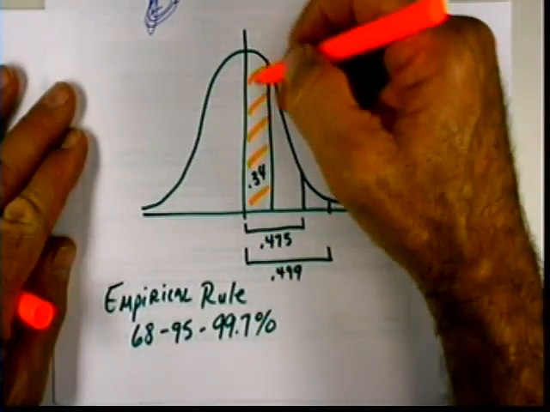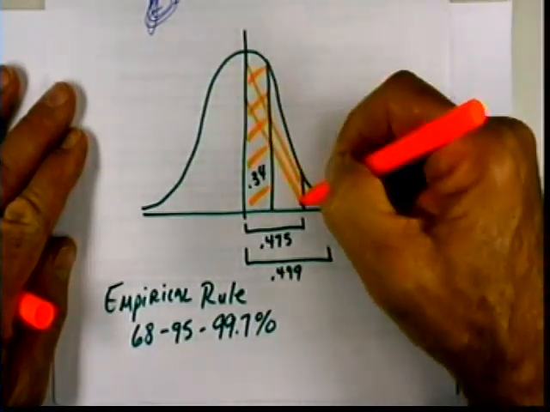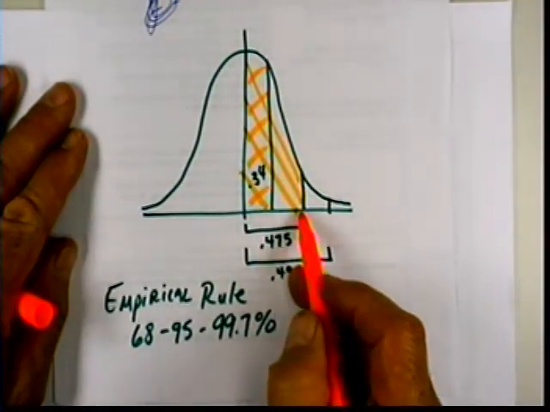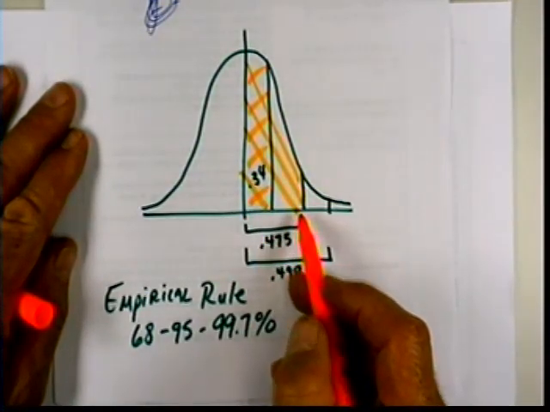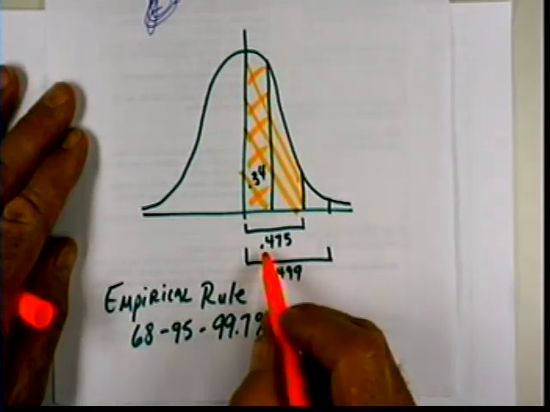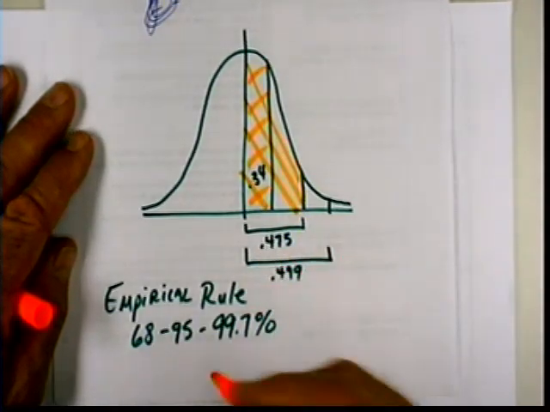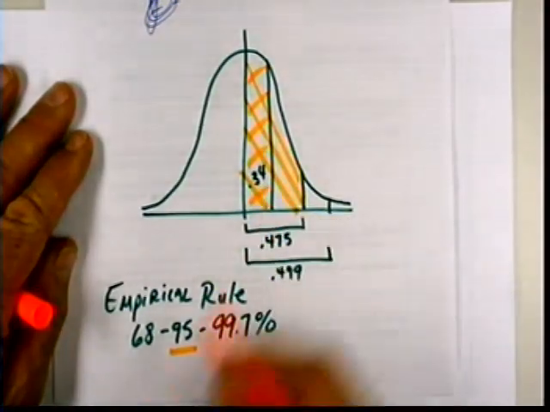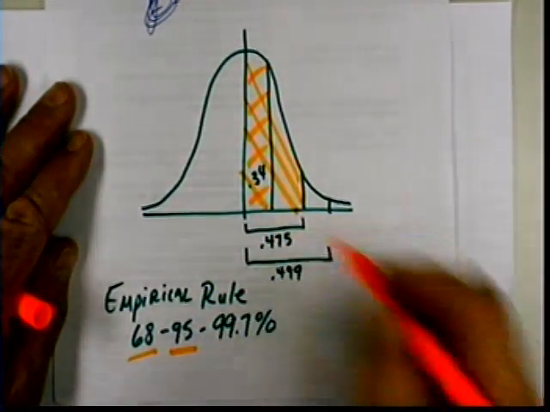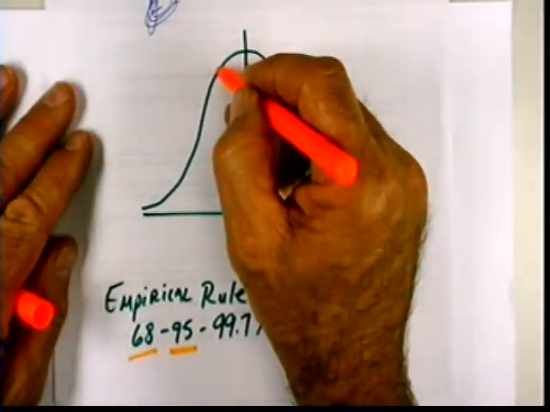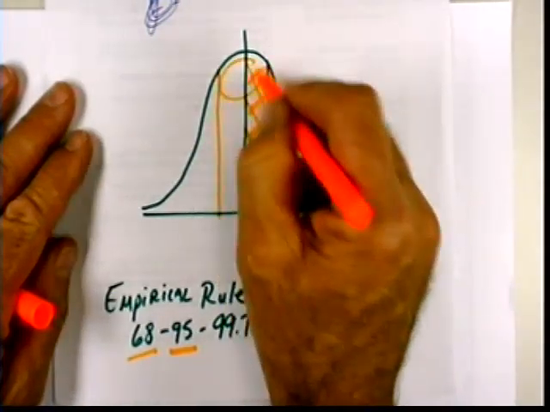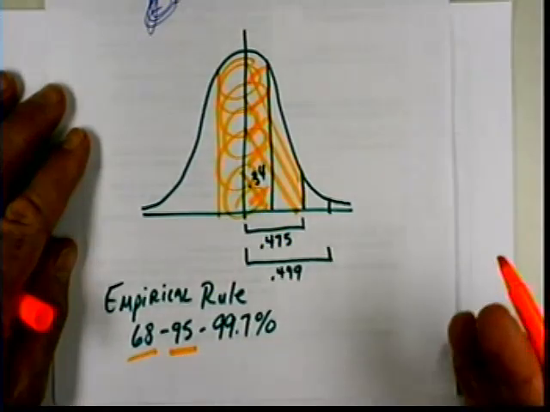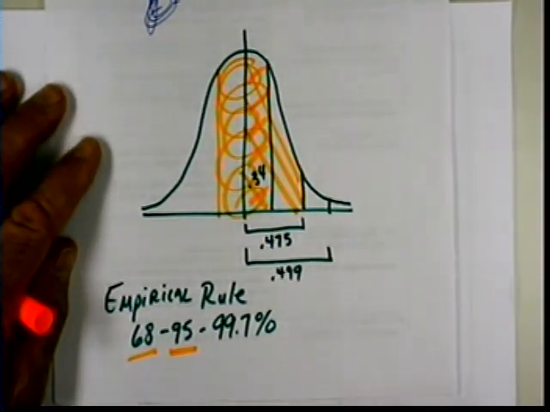This area here, on a normal curve between the mean and two standard deviations, is 0.475, and you double that and you get 95. You double this value and you get 68, which means that for the first standard deviation, this area in here is 2 times 0.34 since it's symmetric, and that gets you the 68.